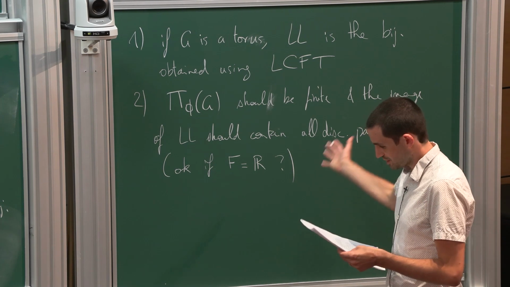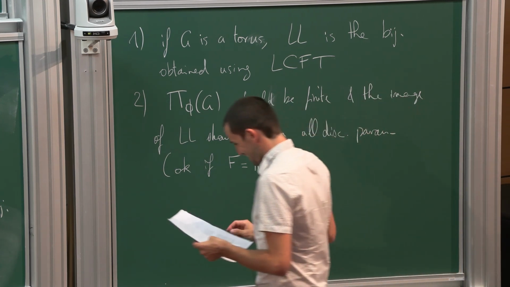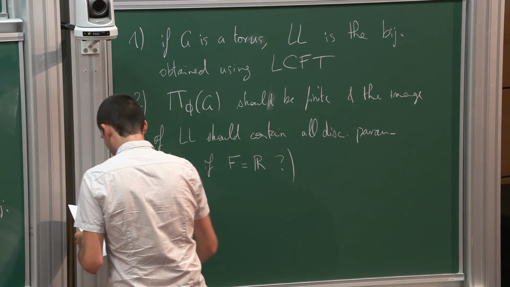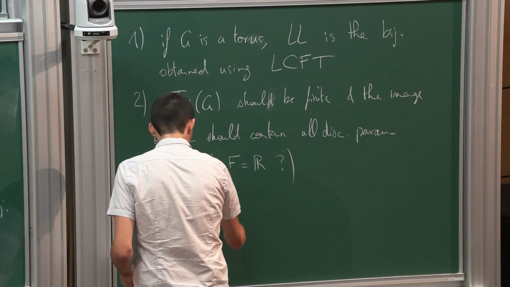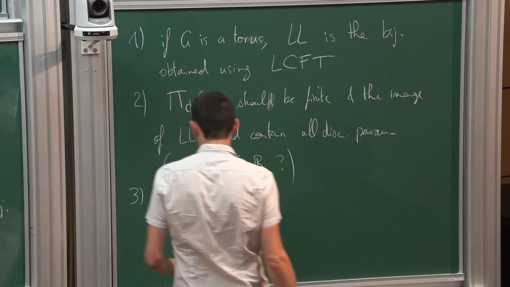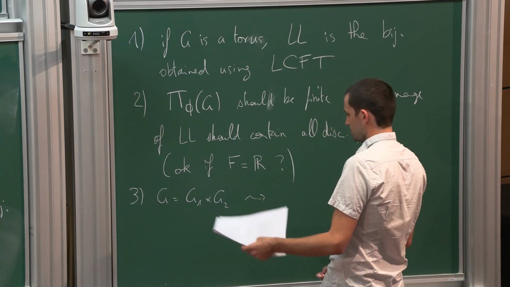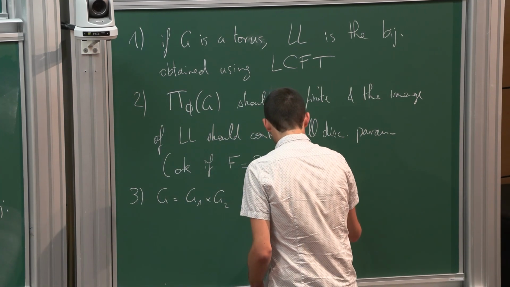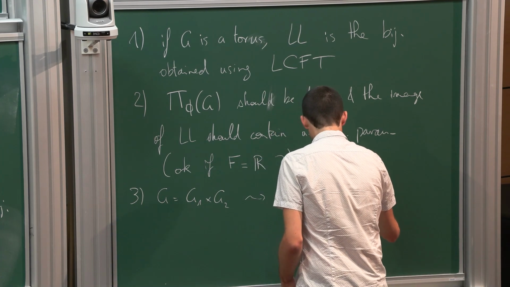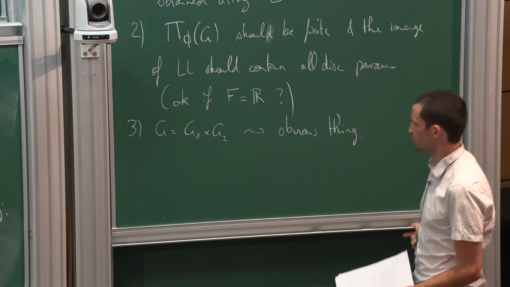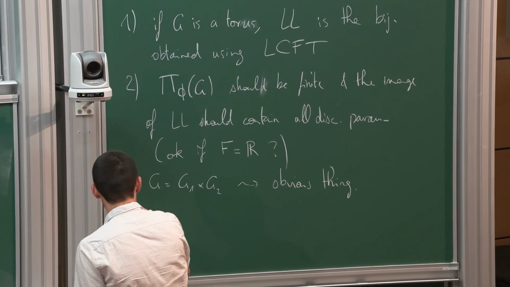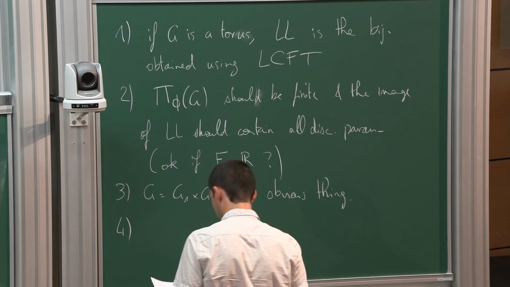I'm not sure, well, but it can be checked at least in principle. For G a product, well, we should have the obvious thing that you can imagine. The point of this is just to make the next point more useful.